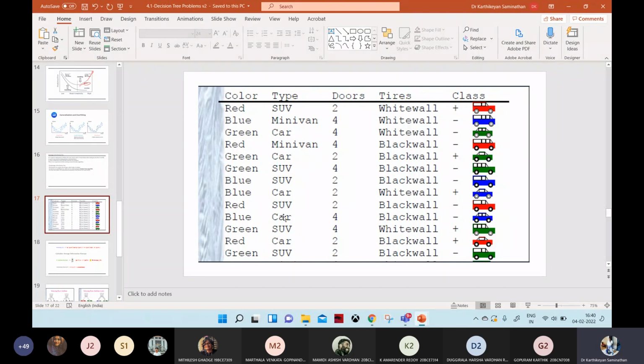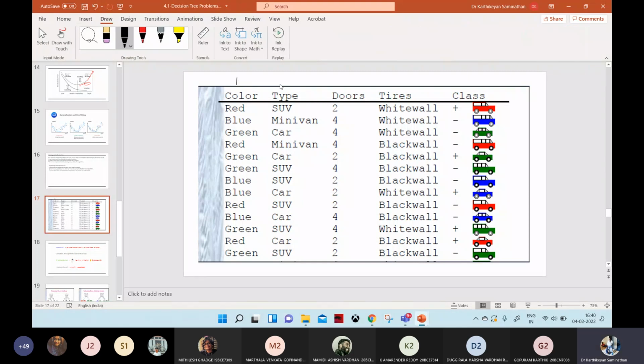So there are four columns. One is color, then type, then door, then the fourth one is tire. Then classes are given. Plus means positive hypothesis, and minus means negative test cases. So you just identify what type of cars are given. You should play with the cars here now.